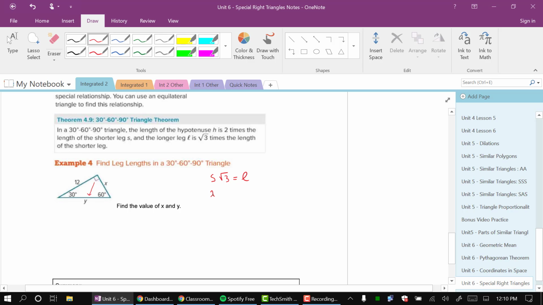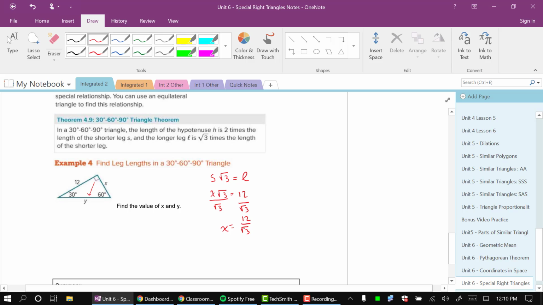So x times the square root of 3 equals our other leg, which is 12. I divide by the square root of 3, and we get x equals 12 over root 3.